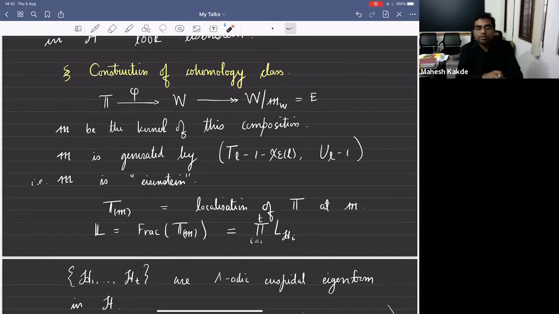So that was the analytic part of the argument, and the theorem that I just recalled, that analytic construction, gave that map, this map phi in the theorem. Now we move to the algebraic part of the argument. So we have this homomorphism from the Hecke algebra. From this, and using Galois representation, we now construct a cohomology class. Okay, so how do we do that?